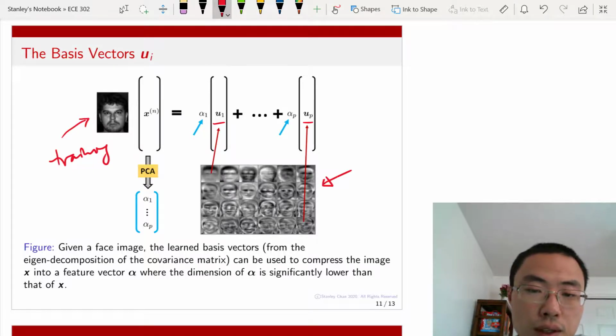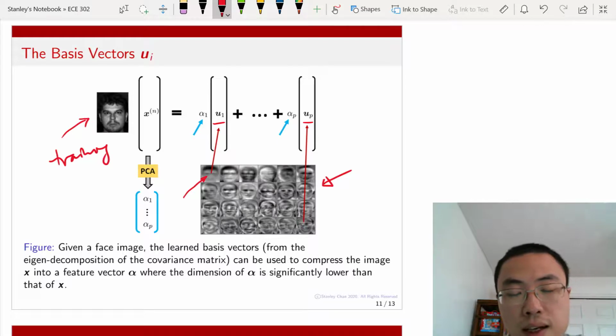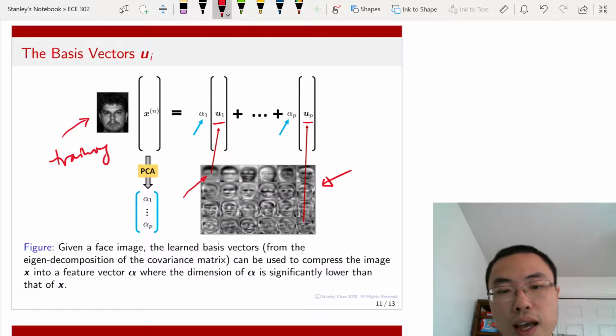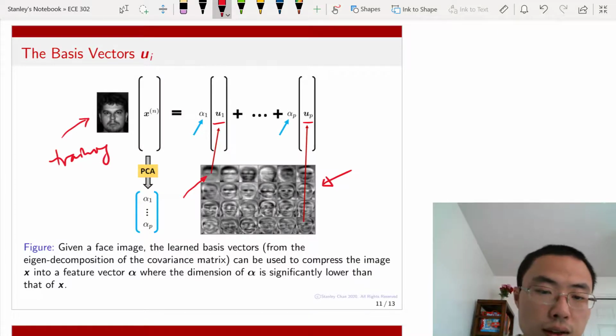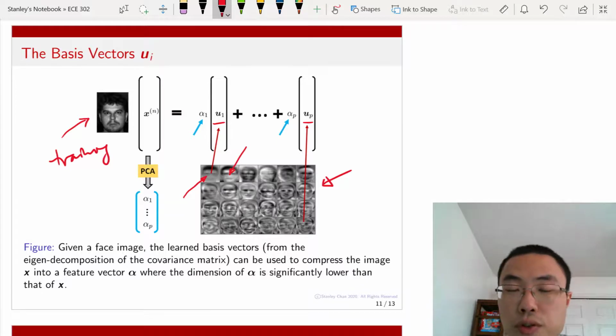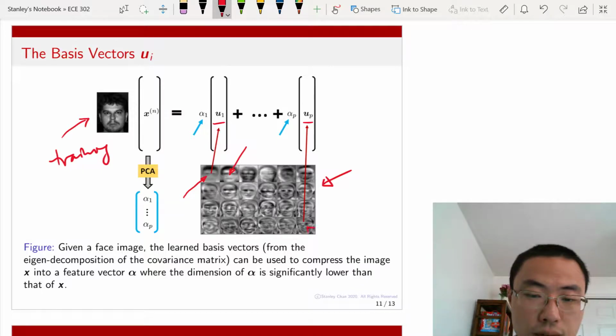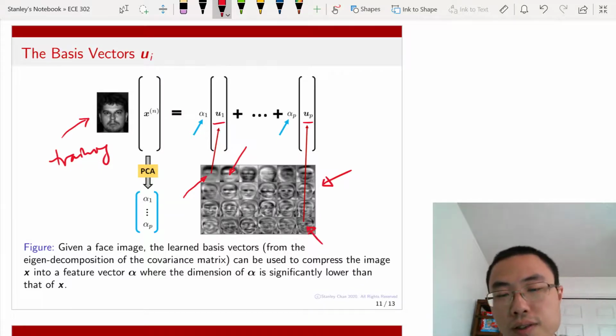Now we can take a look at these images. They actually make some sense. This is the baseline image, which is sort of like an average of all the faces in your training set. This is getting into something like a derivative version. And then this is very, very high frequency variation, some texture details of your face.